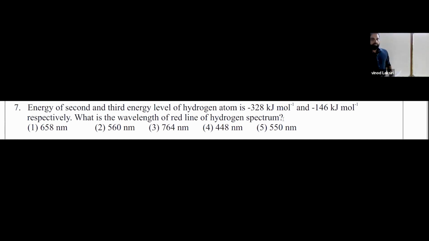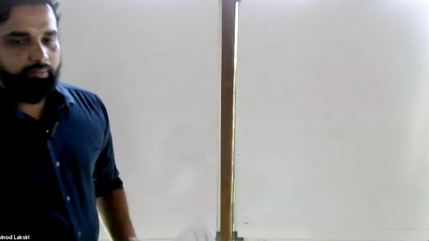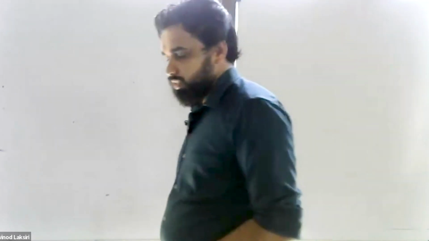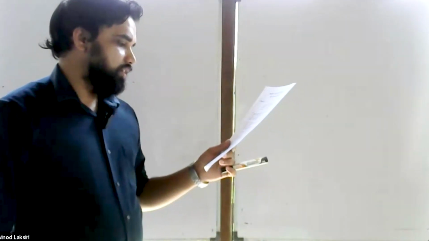Balmer series is from upper levels to the second level, and Paschen series is from upper levels to the third level. Lyman series is in the UV region, Balmer series in the visible region, and Paschen series in the IR region.